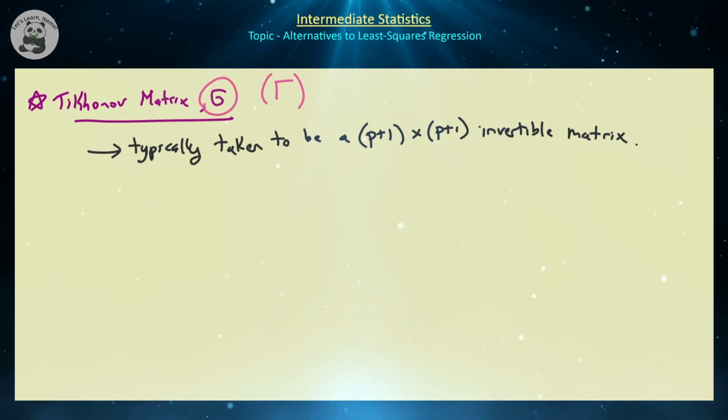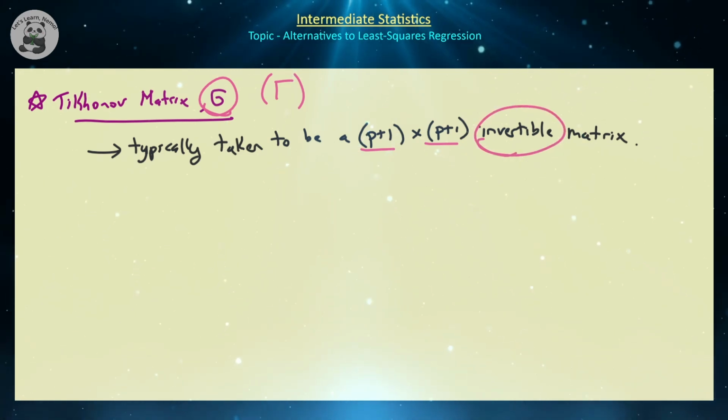So we're just going to be using G here to represent a Tikhonov matrix. So obviously there are several different types of matrices that one can choose, but in this particular case, one typically chooses capital G to be a p plus 1 by p plus 1 matrix that also is invertible.